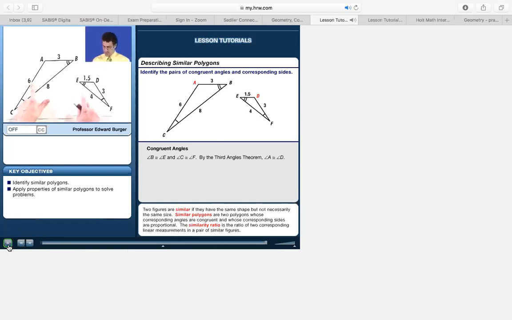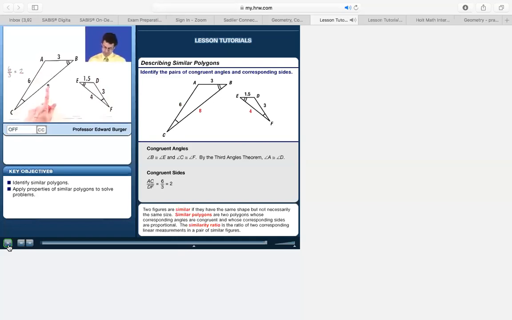6 and compare that, put that in a ratio with the side here, which is 3. So those are corresponding sides. And so I see 6 over 3, which equals 2. So that's that particular ratio. How about the side that's opposite the unmarked angle? That's 8 here. The side opposite the unmarked angle here is 4.